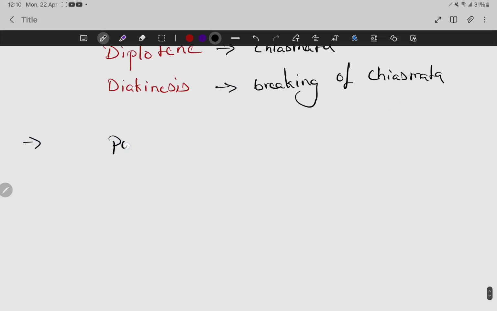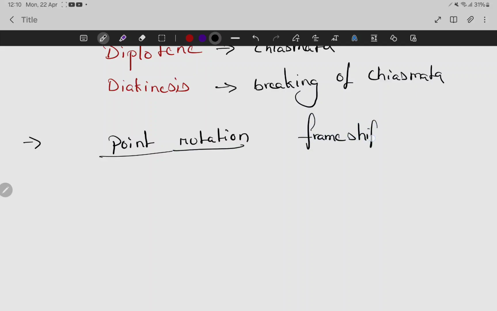Next, point mutation. Frame shift mutation. Point mutation is transition or transversion.